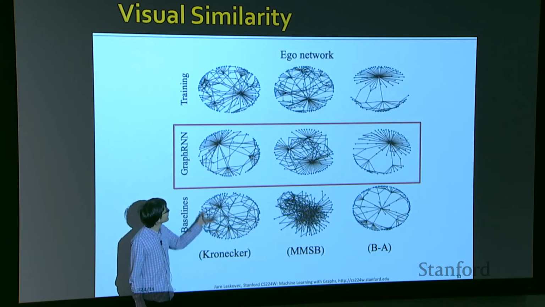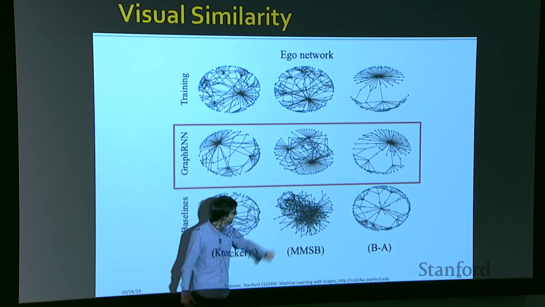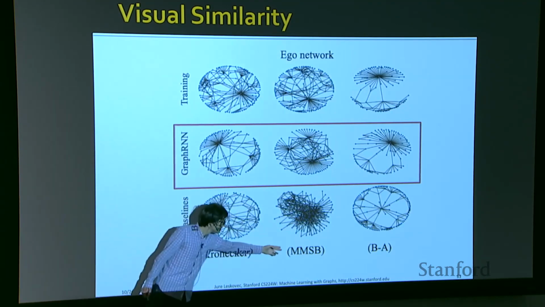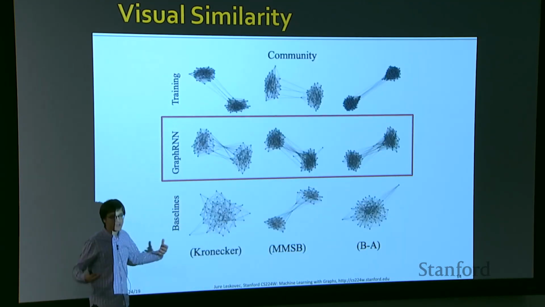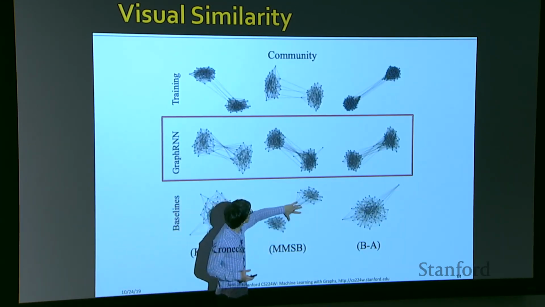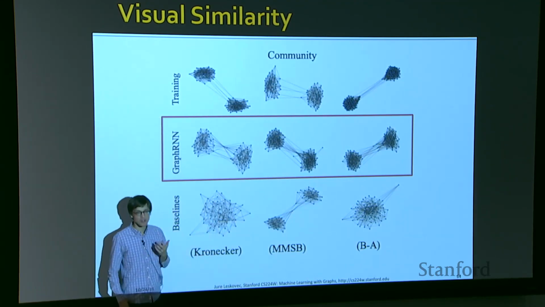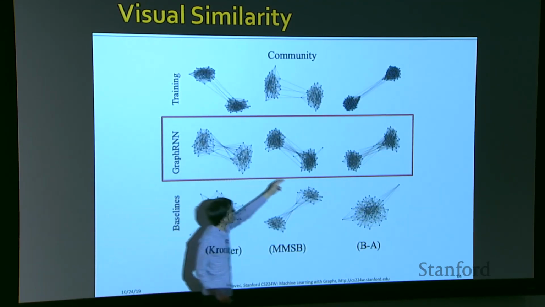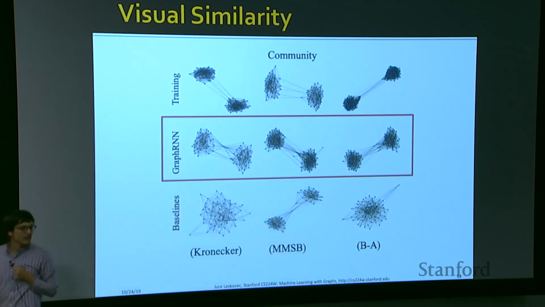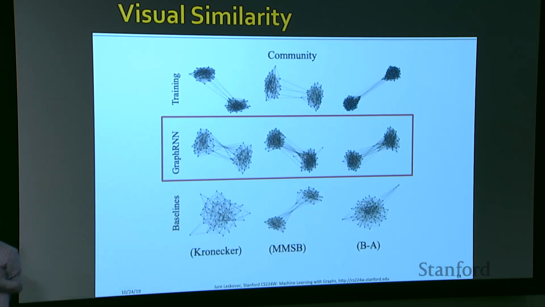These are meant to generate networks with high degree nodes and low degree nodes, but this one fails here as well, because this model is meant to generate graphs with community structure. Here, the model generated something quite similar to the training data, but the other 2 models fail miserably, while the graph RNN works quite well. So just visually, you can see.